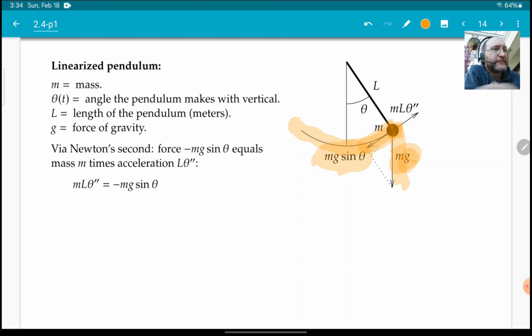So for example, you can see that it's correct: if the pendulum is straight down, with the mass at the bottom, then there should be no force from gravity along the arc. If you have the pendulum hanging straight down, it's not going to move unless you push it or it has some initial velocity.